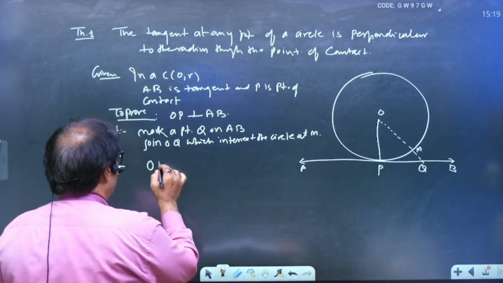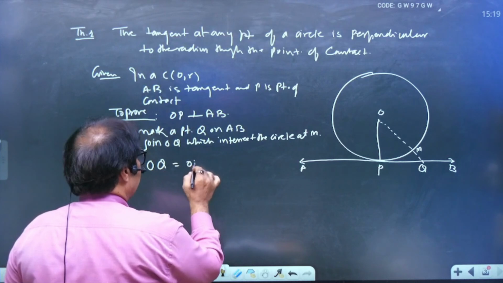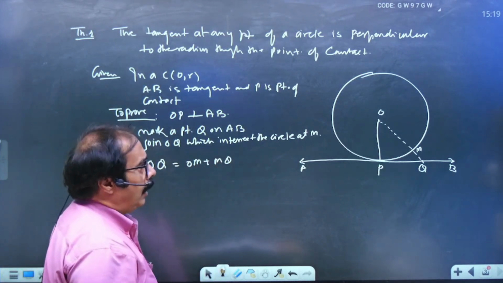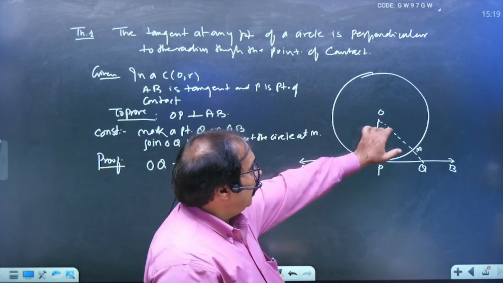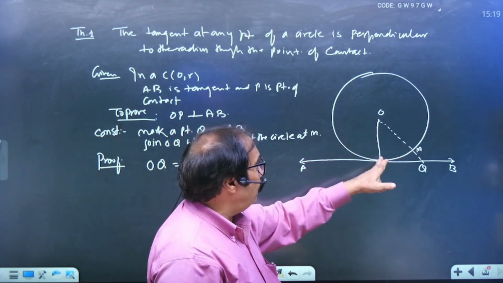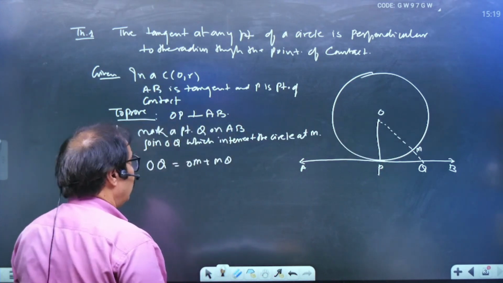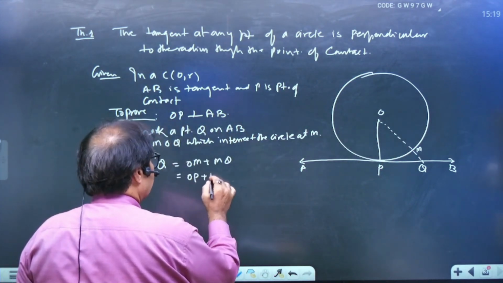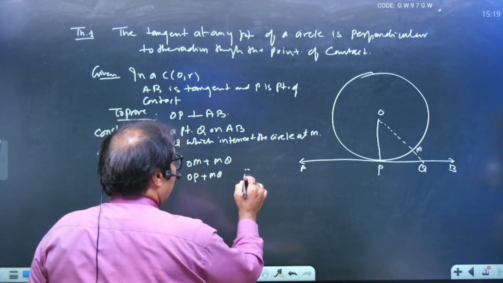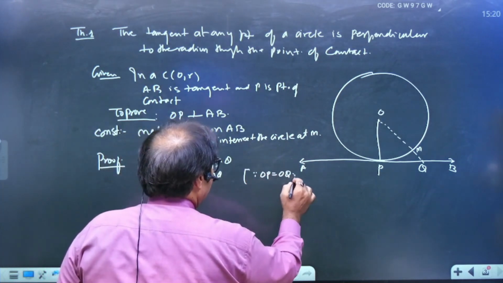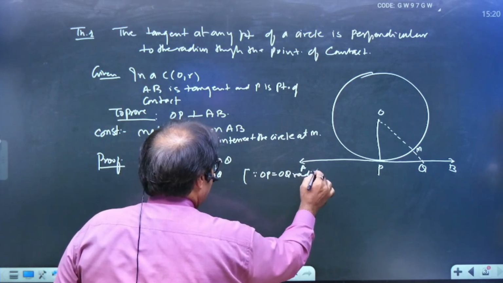So OQ can be written as OM plus MQ, and see, OP and OM both are radii. So in place of OM we can write OP. So this is OP plus MQ, since OP is equal to OM, both are radii.